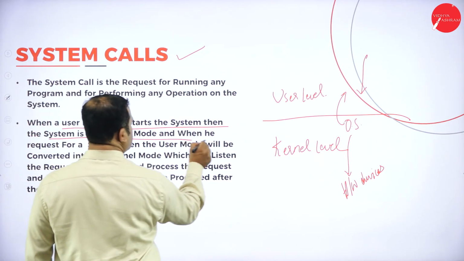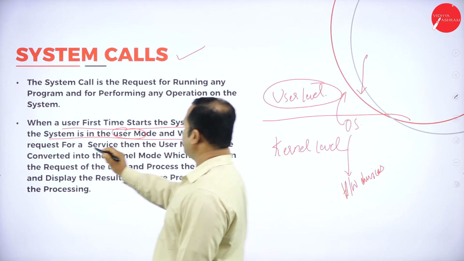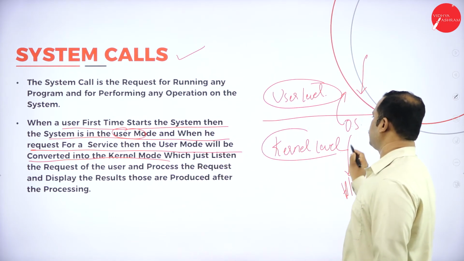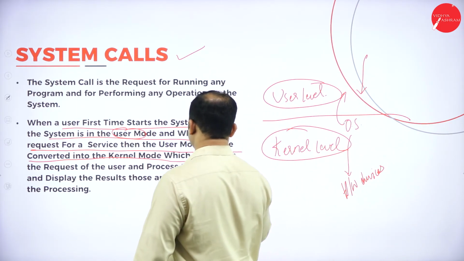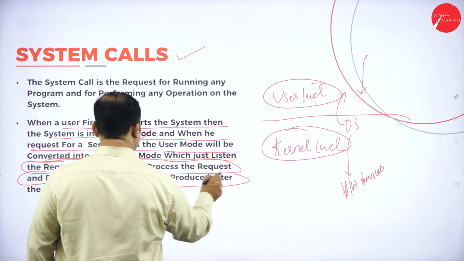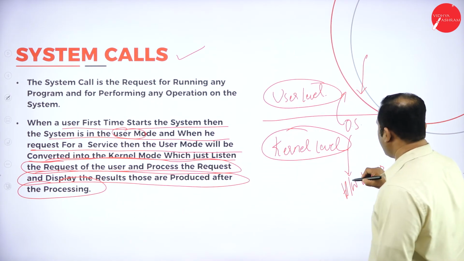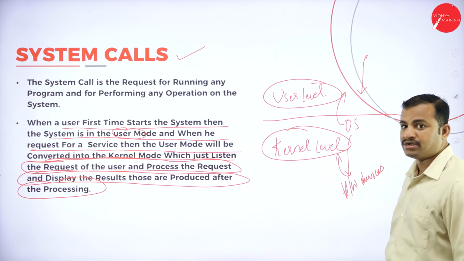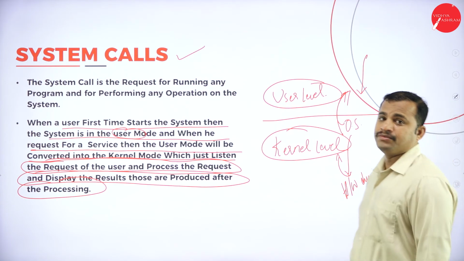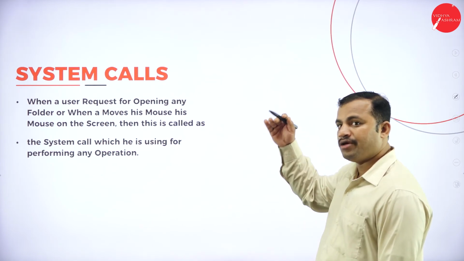When the system in user mode requests a service, the user mode is converted into kernel mode, the kernel level, which listens to the requests of the user, processes the request and displays the results produced after processing. Once the request is processed, the hardware devices interact with the kernel level system calls, and the kernel level system call in turn gives information to the user level system. This is how information is conveyed between user level and system level.